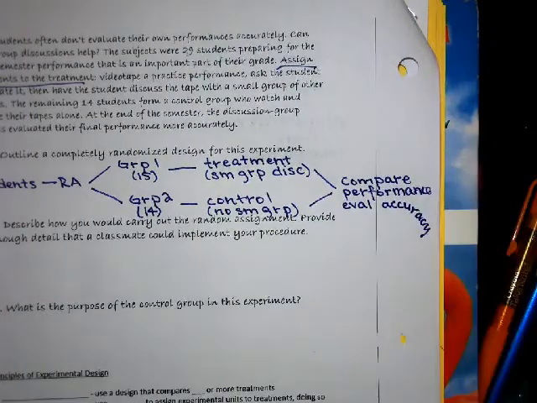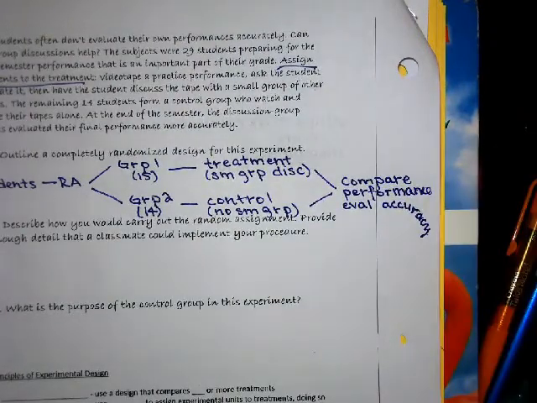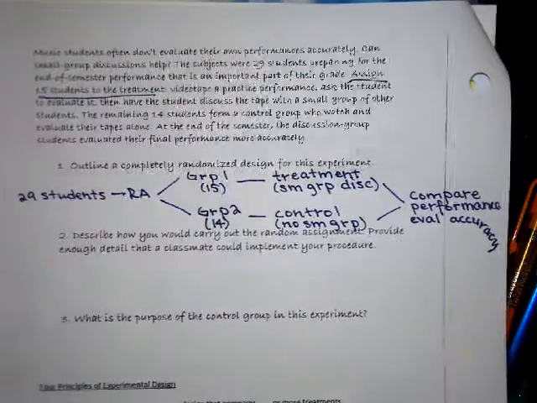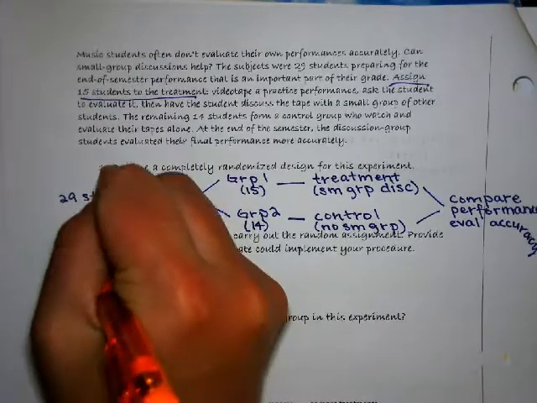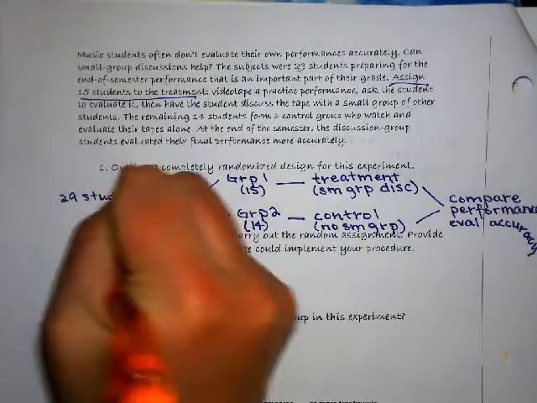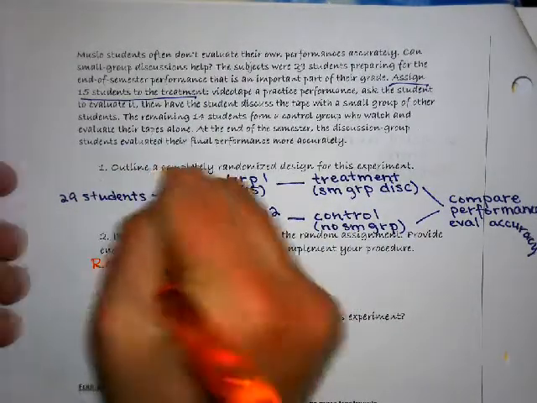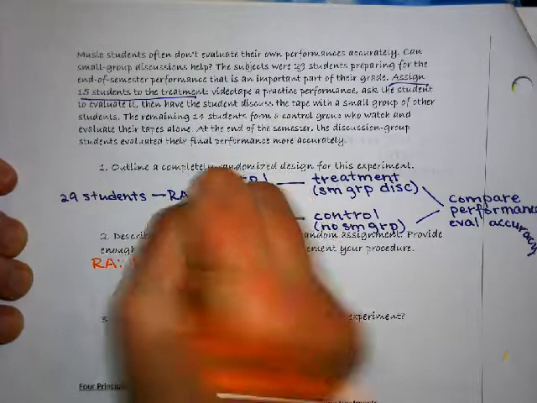Oops, sorry, I went off the screen. There we go. And then 2, you were to try on your own. That's describing random assignment. Now, you might have done a different random assignment than me, which is absolutely fine. I'm going to stick with table D. We're going to label each student 01 to 29.